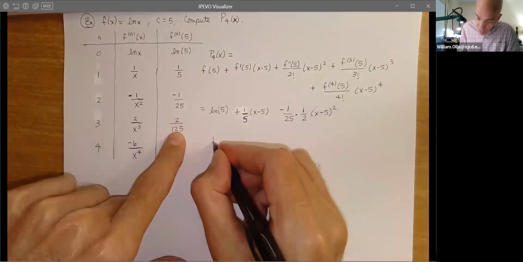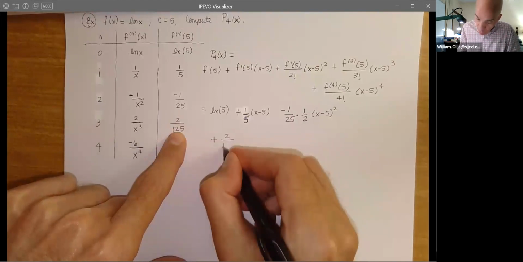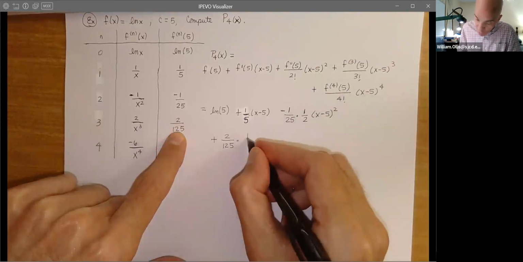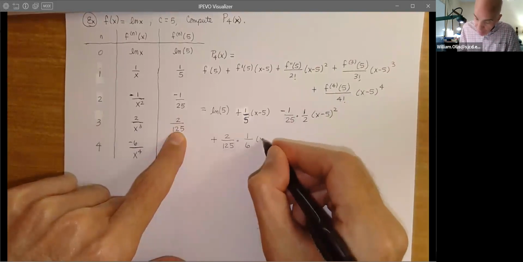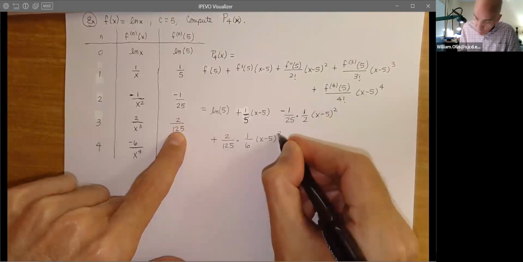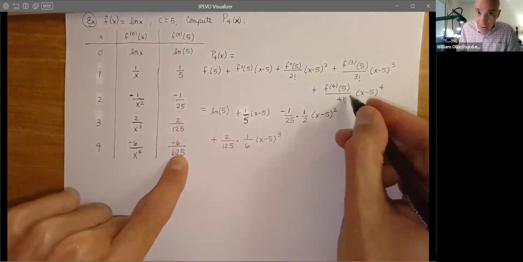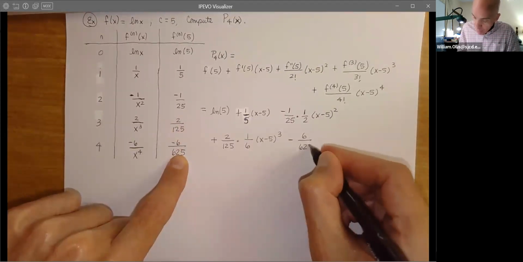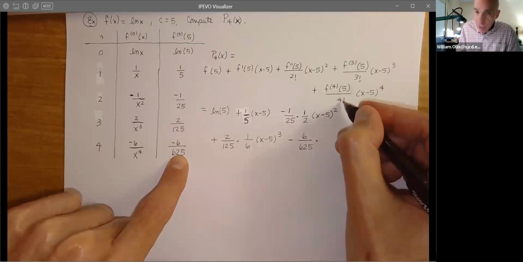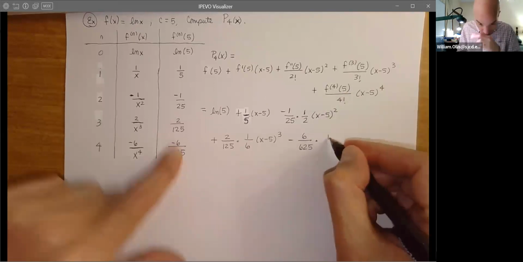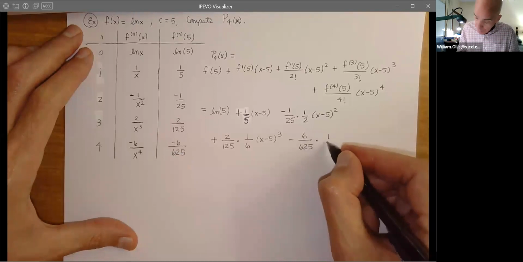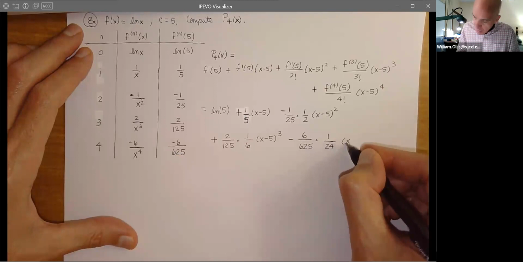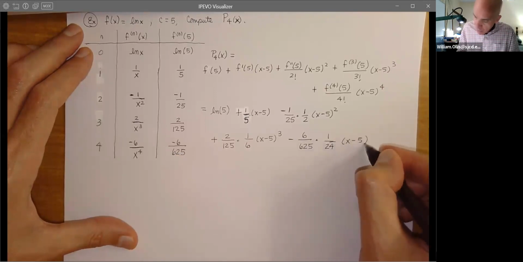Then we have plus 2 over 125 times 3 factorial, that's 1 over 6, x minus 5 cubed. And then for the last term, we have minus 6 over 625. And then, of course, the 4 factorial is 24, so 1 over 24. X minus 5 to the 4.